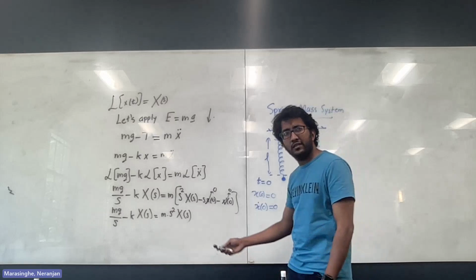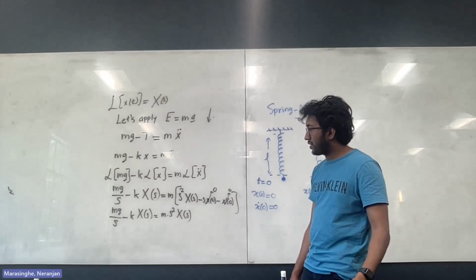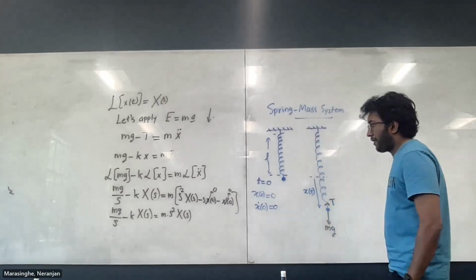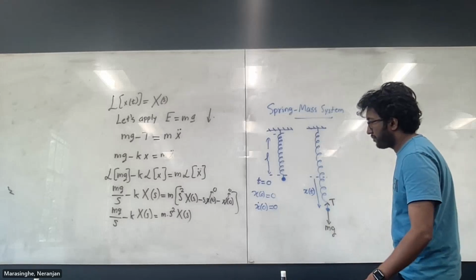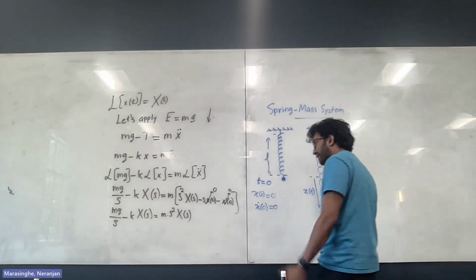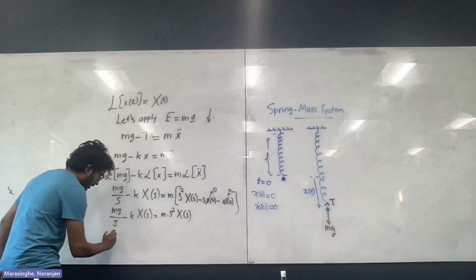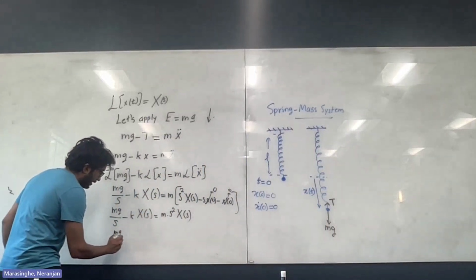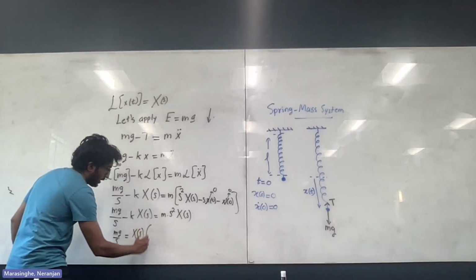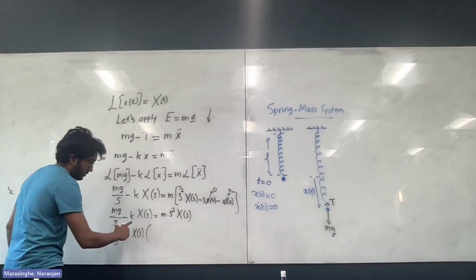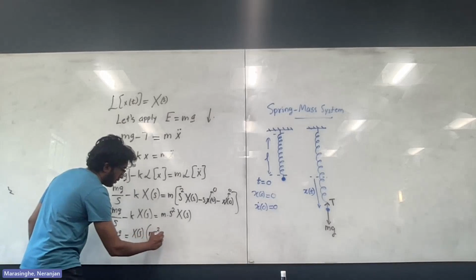Right. Any questions about this equation? Right. Now let's try to solve for X(s). First I would take this one to the other side. I have mg divided by s is equal to X(s) times, what would I get? m s square plus k.